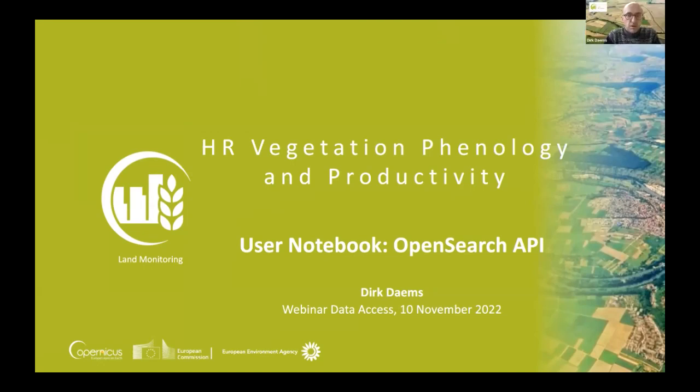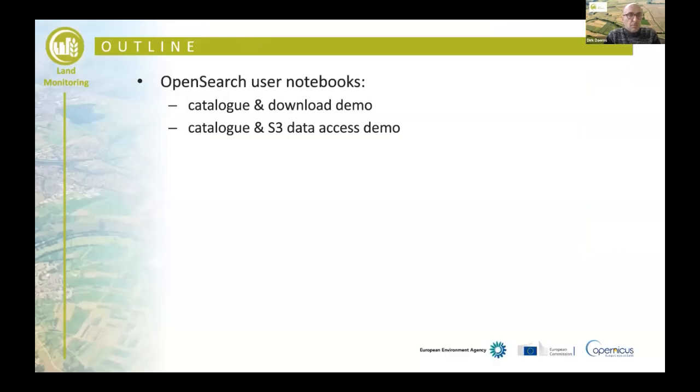So the part I will show today is mainly focusing on the OpenSearch API, which is an alternative for the HDA API that WEkEO exposes. And I'll walk you through two user notebooks which use this OpenSearch API.